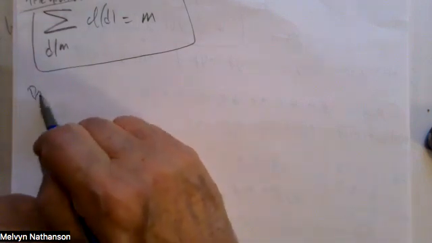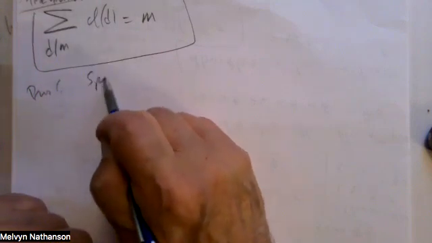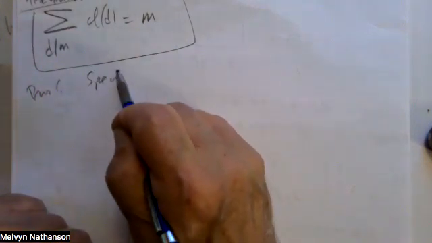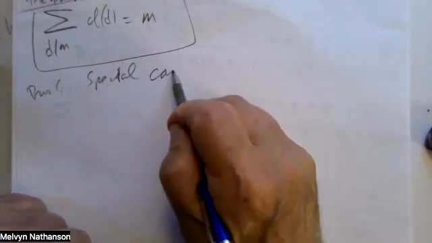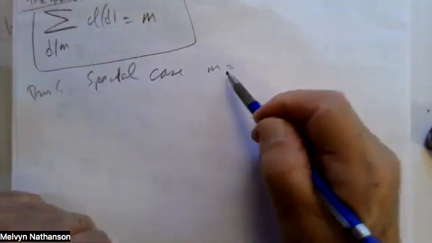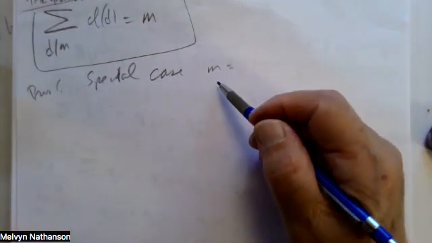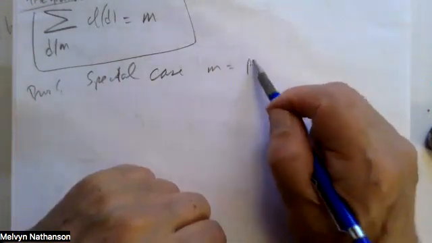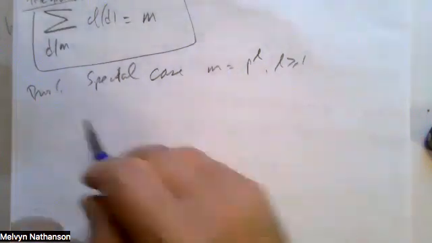So let's prove this. Let's first look at a special case where m is just the power of a prime. m is equal to p to the L, at least one.